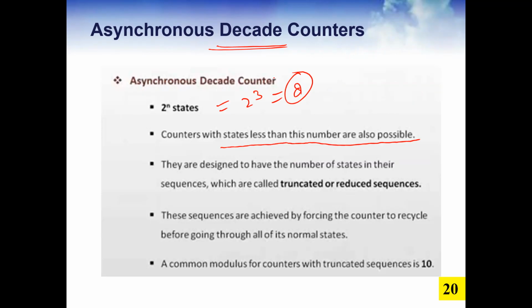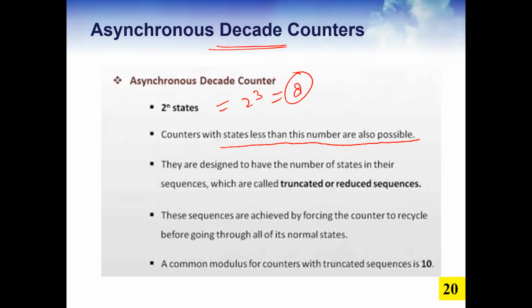But we can also have counters with fewer states than the maximum, like 5 states or 4 states, where some states are truncated.